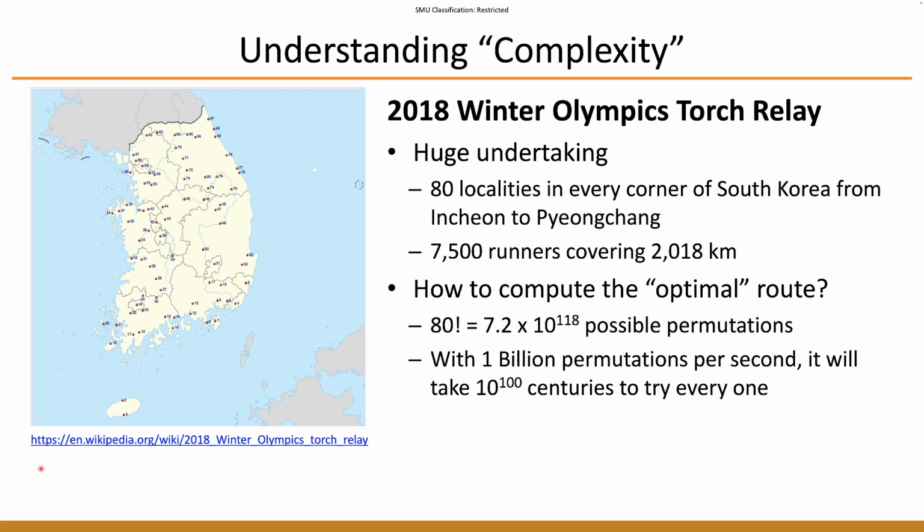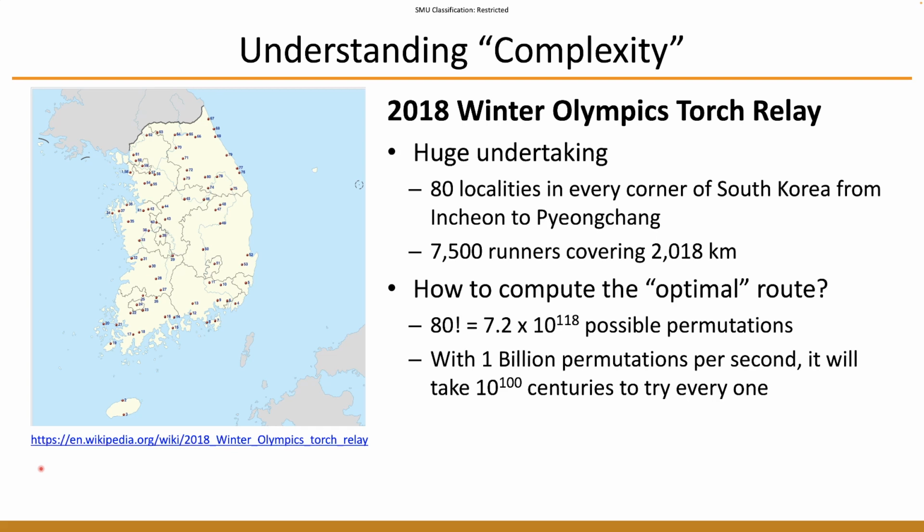The next city that you can choose from is reduced by 1, so you have 79. And you keep multiplying these numbers of choices until you reach the final destination. So in total, you have 80 times 79 times 78 all the way down to 1. That is 80 factorial. And we know that factorial grows very, very fast.